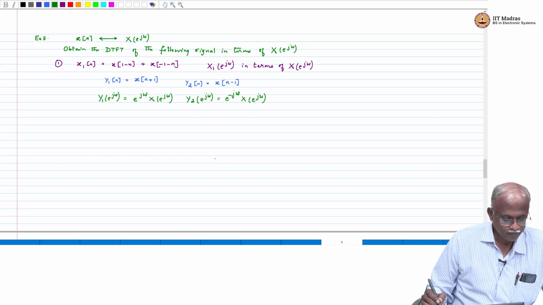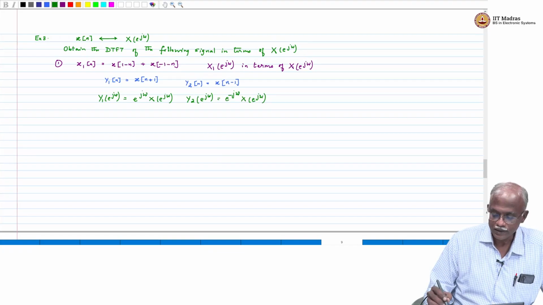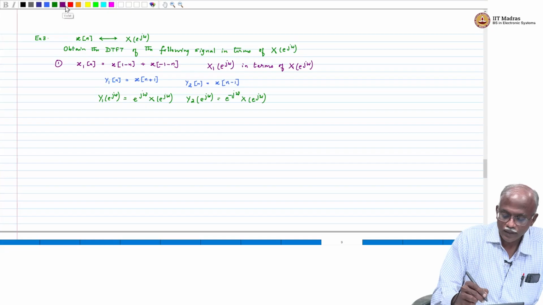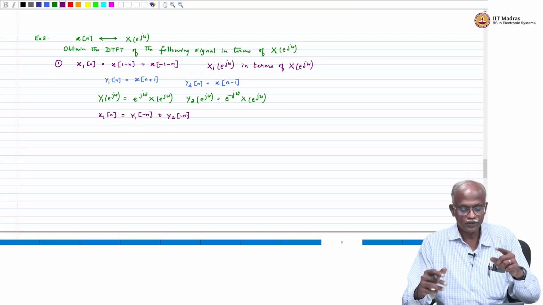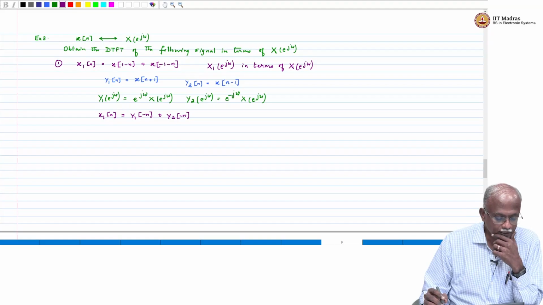I hope you are comfortable with that. These are the two expressions. Now, x1 of n can be written as y1 of minus n plus y2 of minus n. Please make sure you are comfortable with that result.